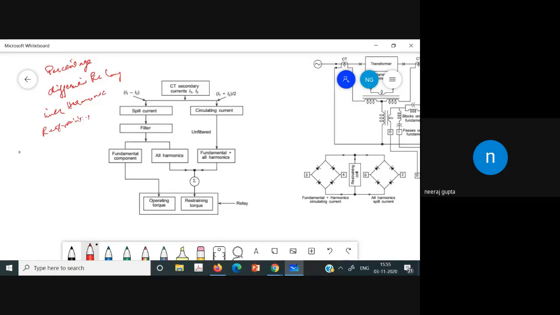Now we have seen that the normal percentage differential relay can operate due to the magnetizing inrush. One way to combat this problem is to desensitize the relay for a very small period of time just after switching on, and then after that we can switch it on.